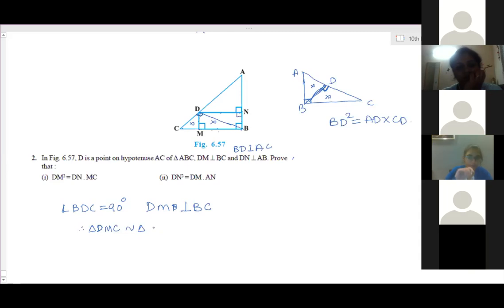Name of triangle DMC, which is similar to this triangle. Write the proper name. Angle D of DMC is equal to which angle? In DMC, angle D is not 90.